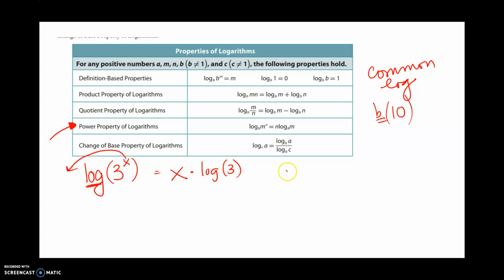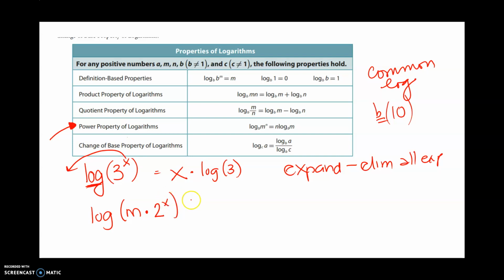So when I'm expanding, we want to eliminate all exponents. So if I have something like log of m times 2 to the x, I'm going to expand it. First thing I'm going to do is address the multiplication.